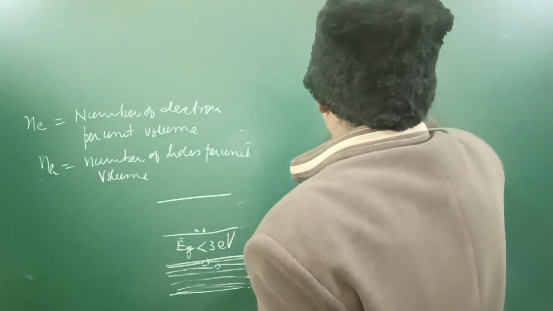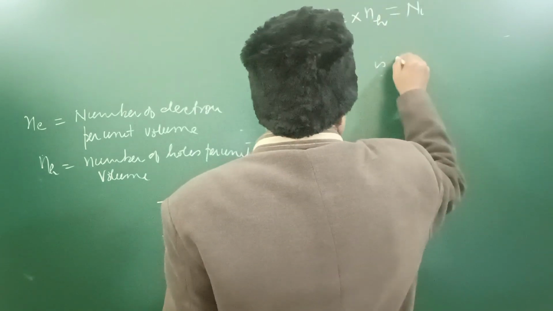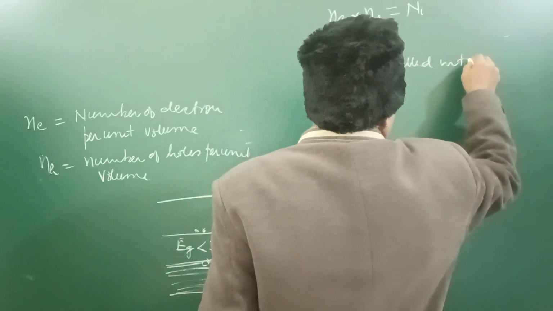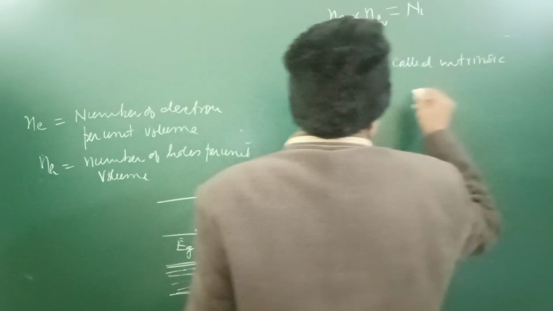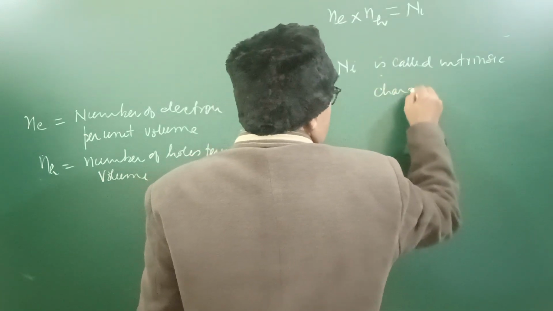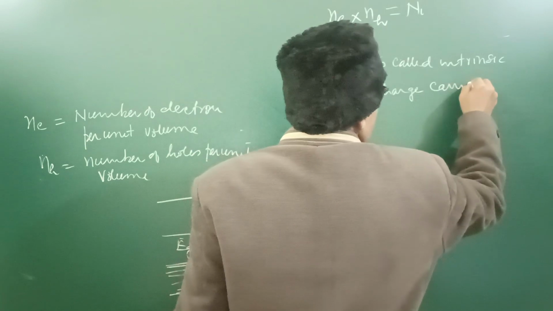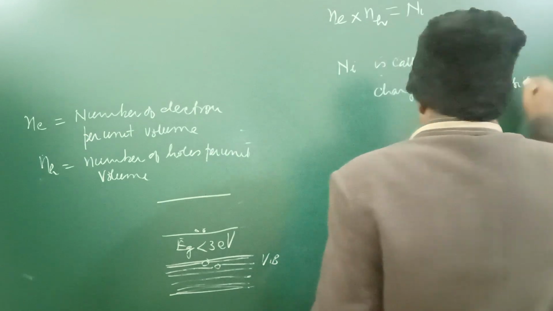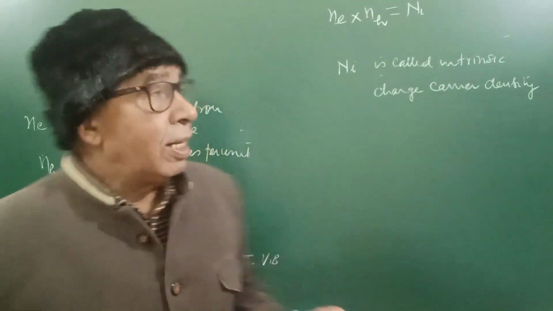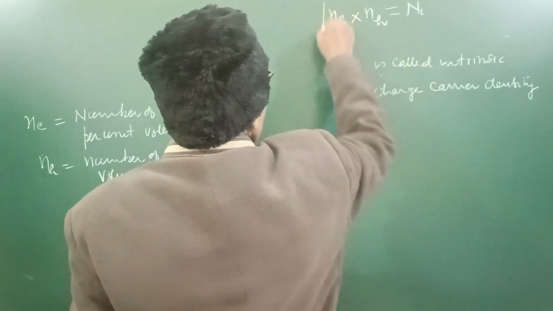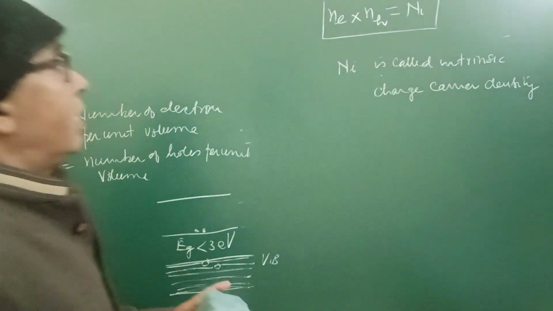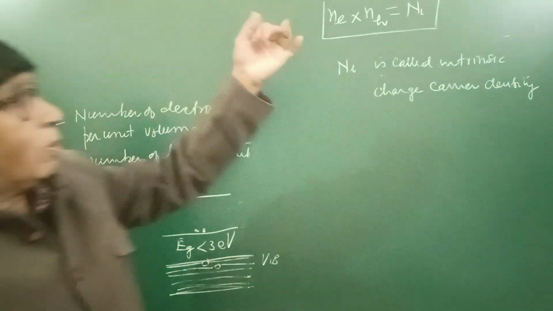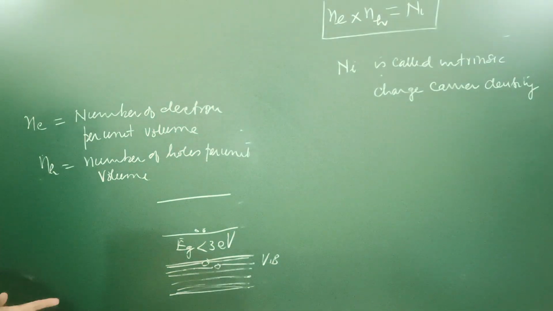Ni is called the intrinsic charge carrier density. So Ni square equals Ne into NH, this is a very important relation here. It can be proved on the basis of thermodynamics.